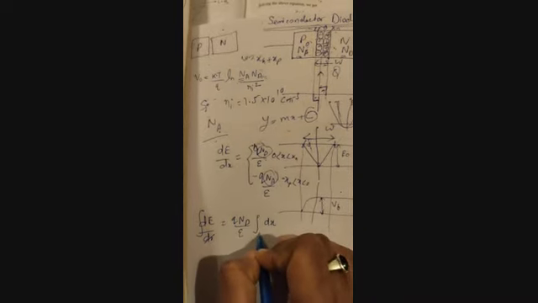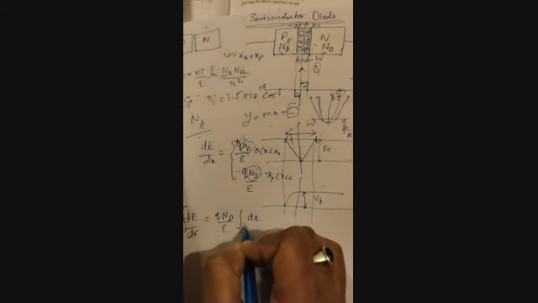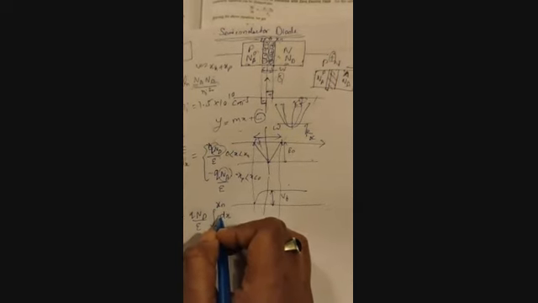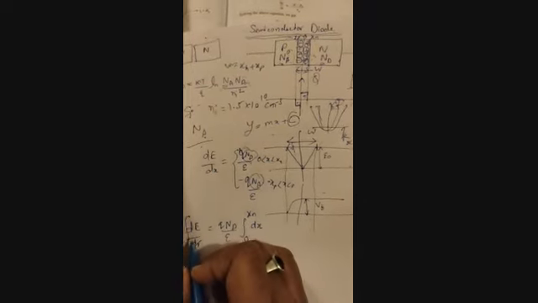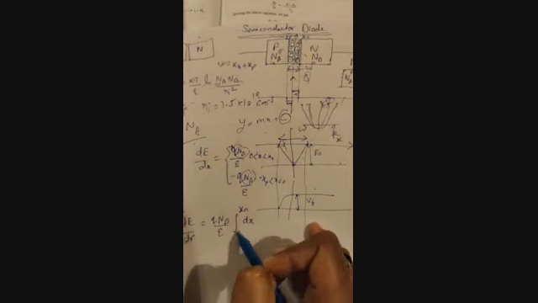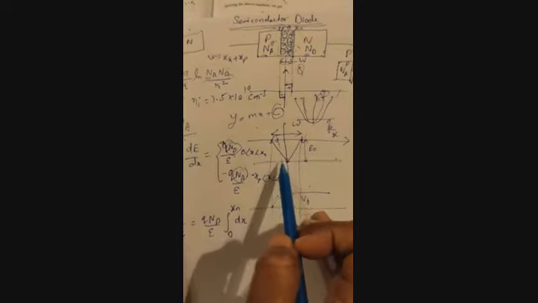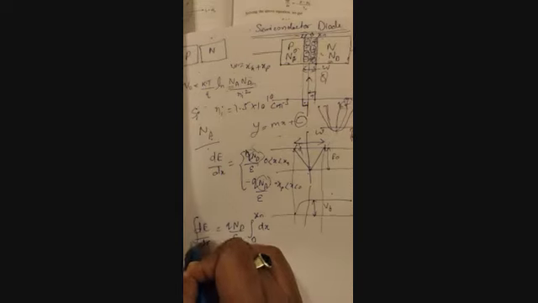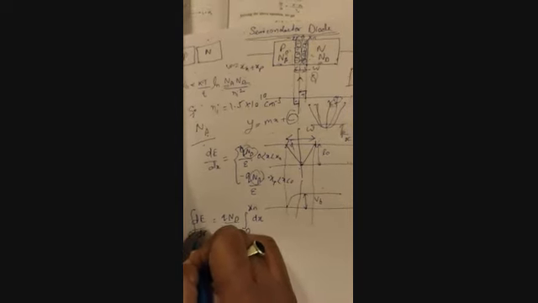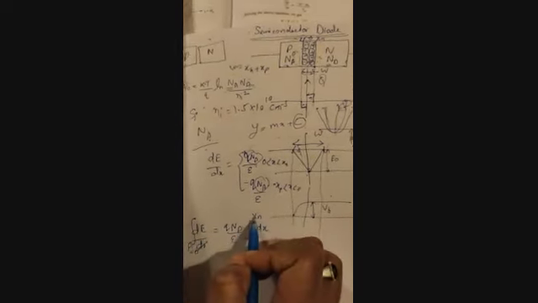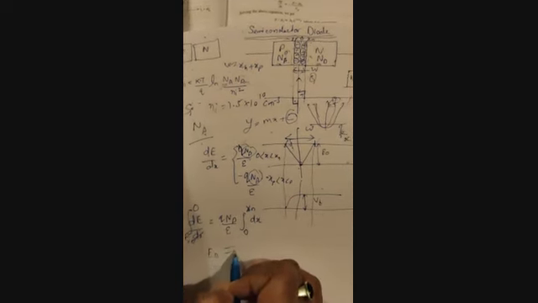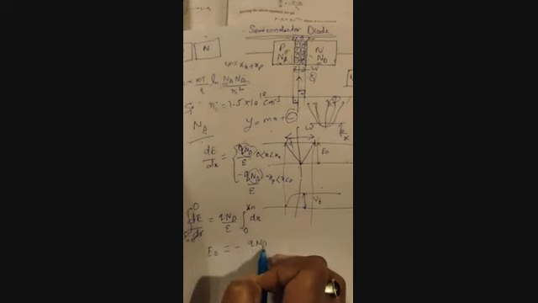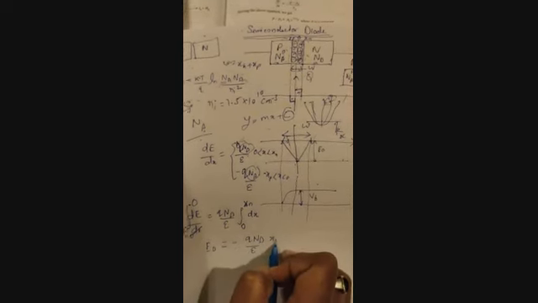So I will take the limit as 0 to xn. Then what will be the electric field? Electric field at x equal to 0, what is the value? It is E0. And at xn the electric field is 0, so E0 will come with a minus sign: minus q Nd upon epsilon into xn.